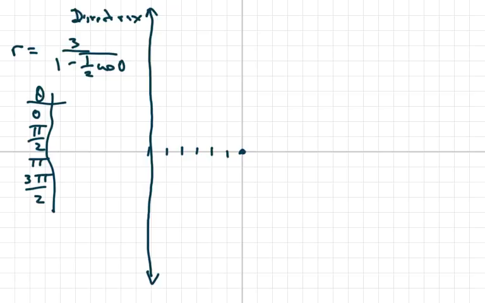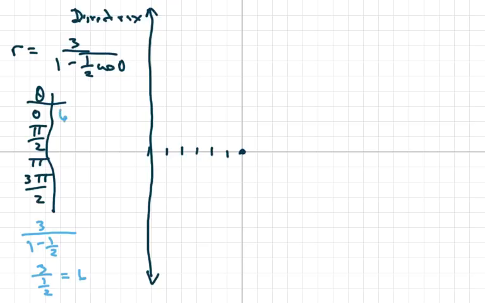So at 0, cosine is 1. So we have 3 over 1 minus 1/2, which is 3 over 1/2, which equals 6.